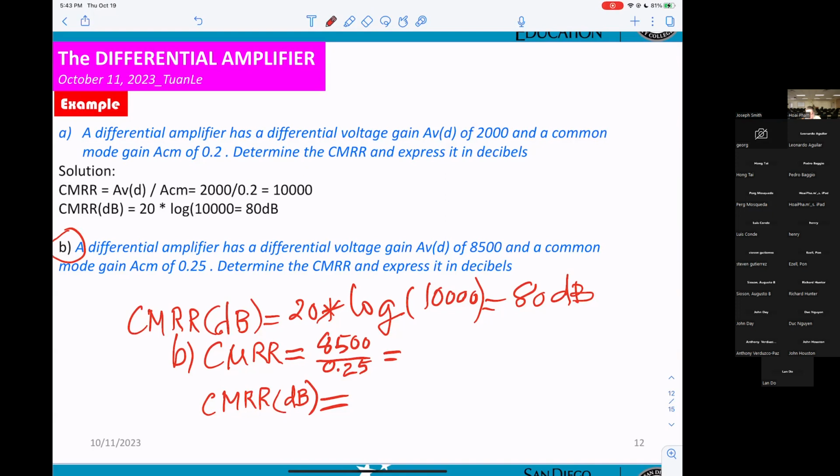I got 37. The first one, the CMRR, what do you get? 34,000, correct?